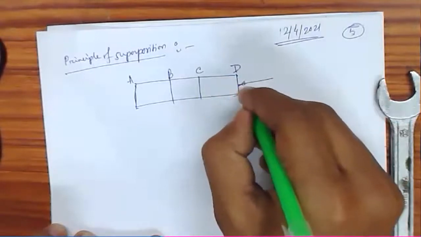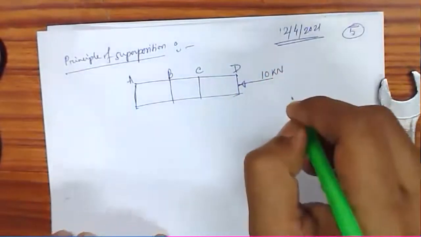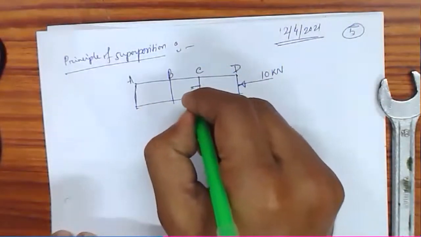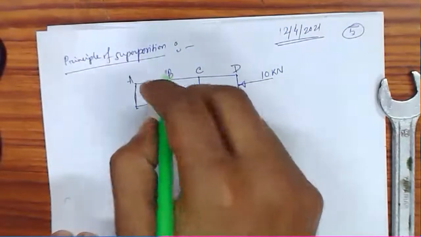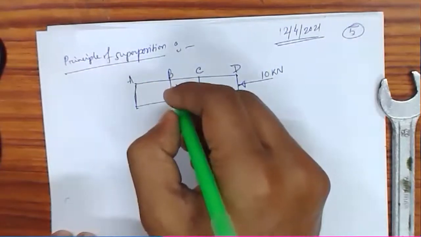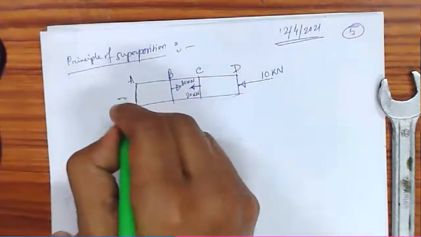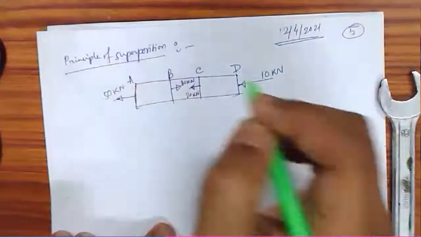In D, there is a force of 10 kilonewton. The direction can be found by the arrow. At C, there is 20 kilonewton. At B, there is 80 kilonewton, and at A, there is 50 kilonewton.